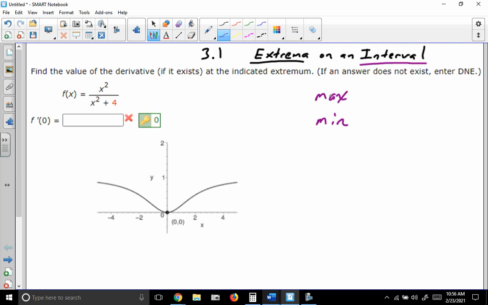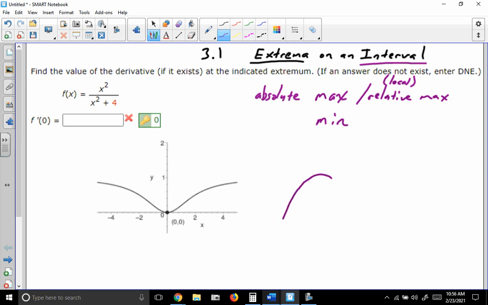So when we say max, that could be the absolute maximum value, meaning that for our function, it could be the highest point that our function has anywhere, or it could be a relative maximum, or sometimes instead of calling it a relative, we call that a local maximum, and that means that it's higher than points surrounding it.